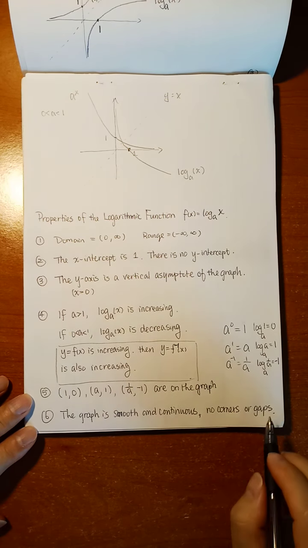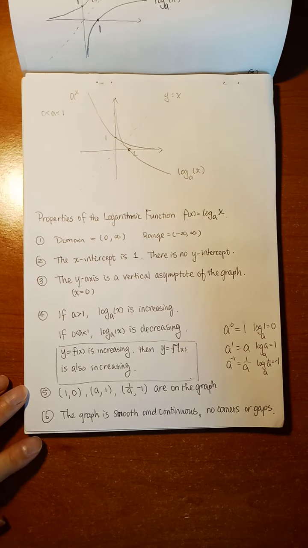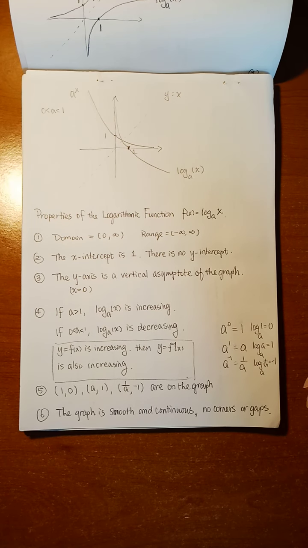No corner means it's smooth, no gaps means it's continuous. Right? So this is the basic property of a logarithmic function, the logarithm to the base a of x.